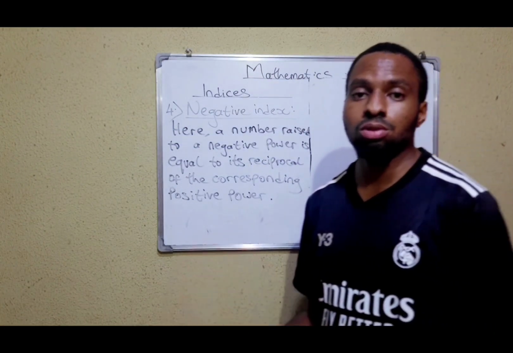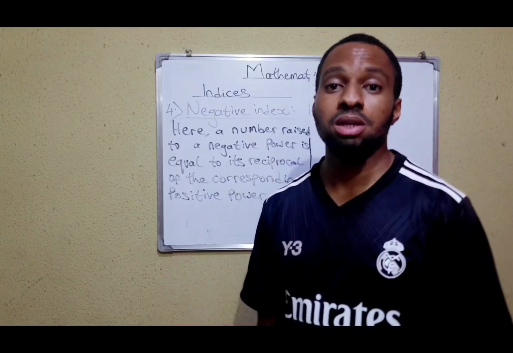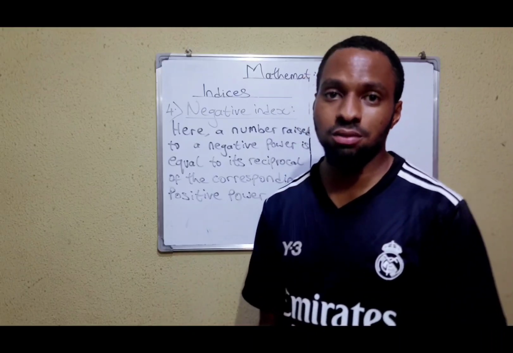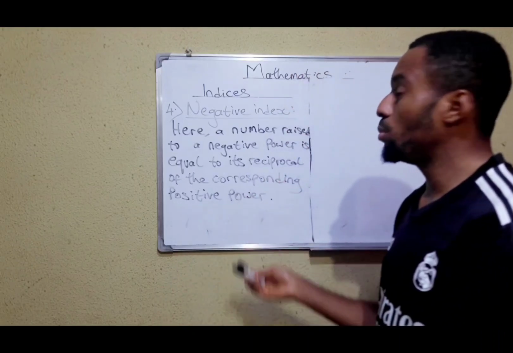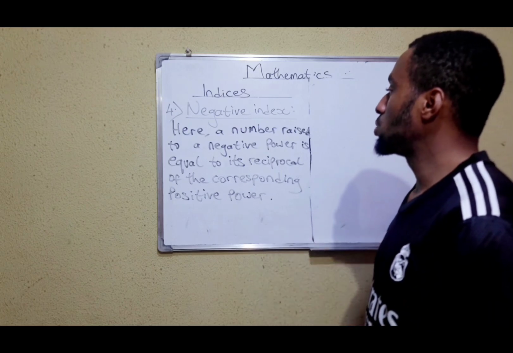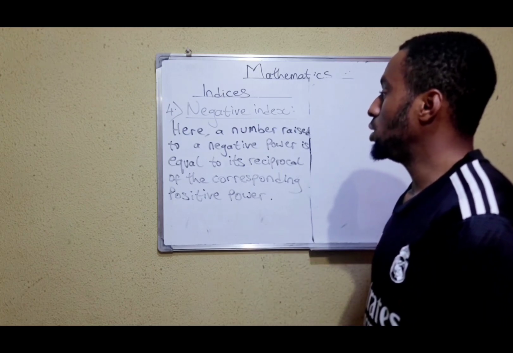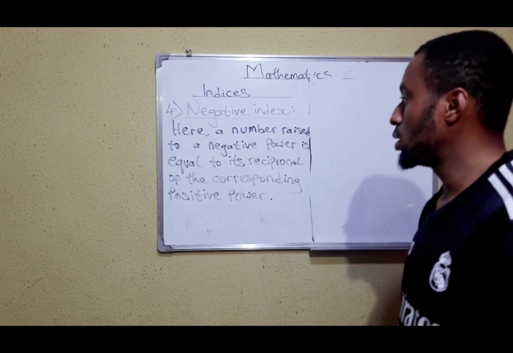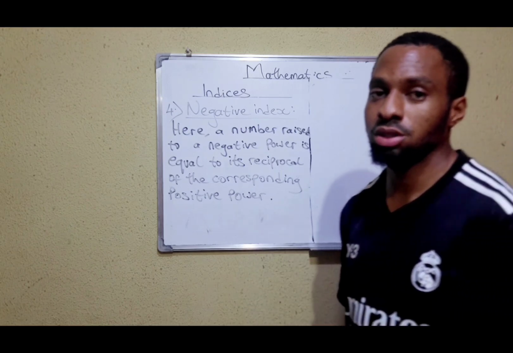This rule is simply to eliminate or to remove the negative sign. So here a number or base raised to a negative power is equal to its reciprocal of the corresponding positive power.